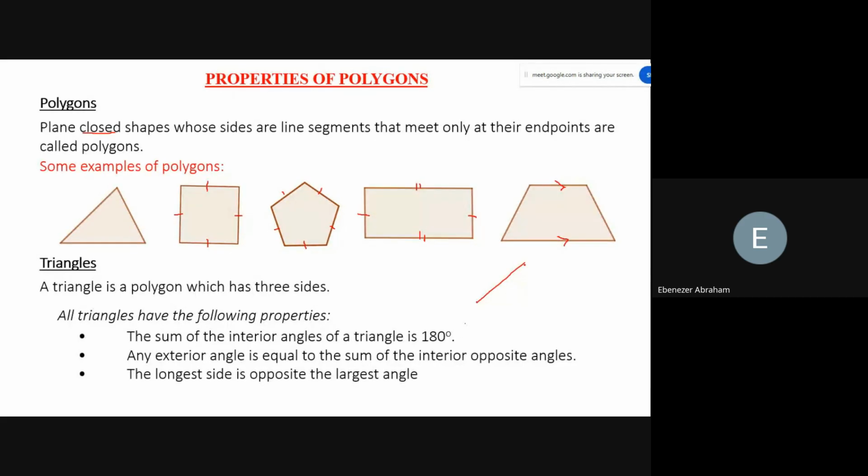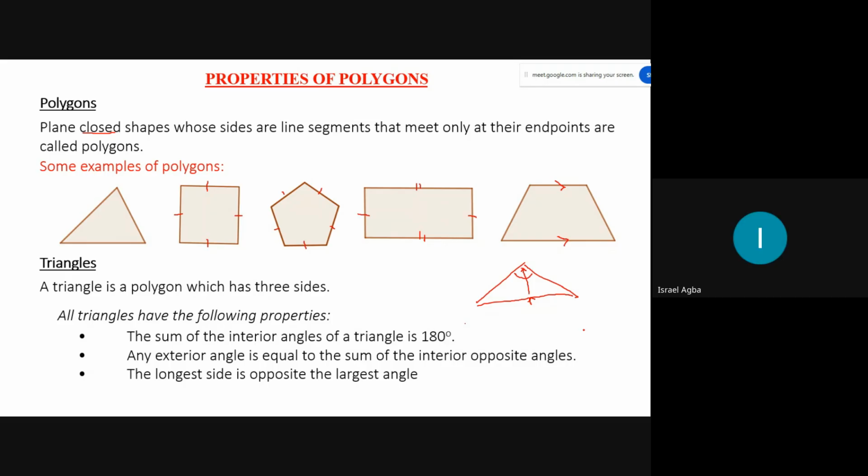So if I have a triangle like this, let me exaggerate it. This side is the longest side, and the angle opposite to it is also the largest. It's applicable in all triangles.